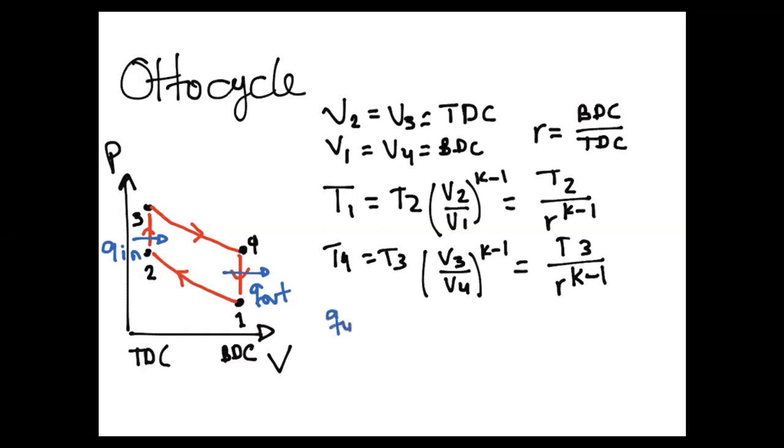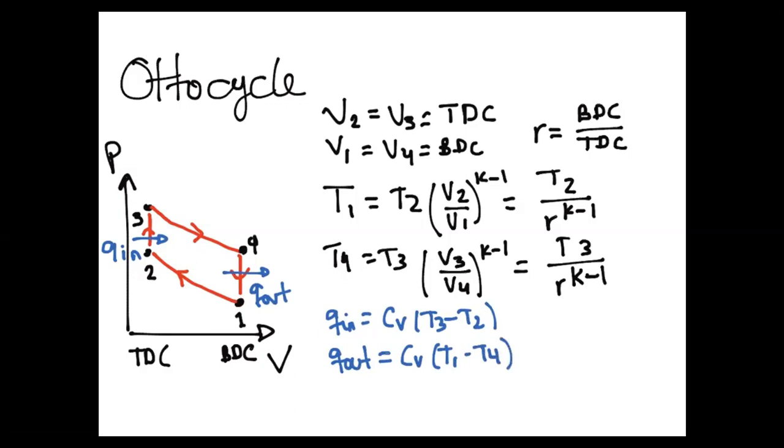The heat that we're going to introduce is going to be equal to Cv delta T. In this case, it's going to be T3 minus T2. While the heat that we're going to reject is going to be Cv times T1 minus T4.